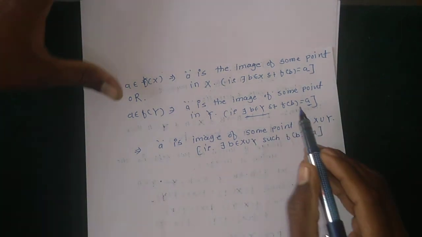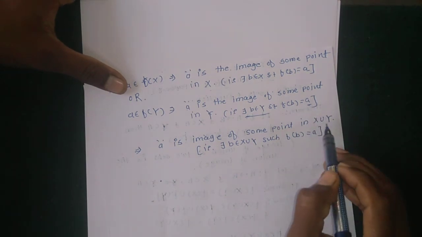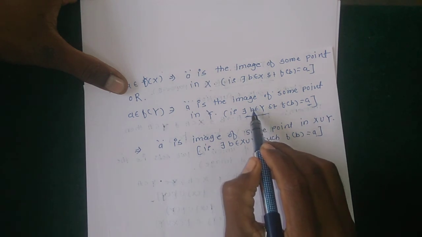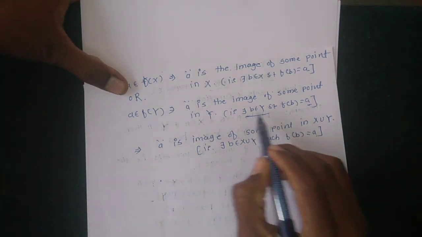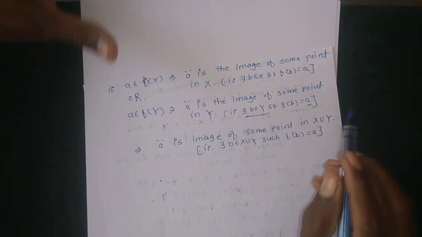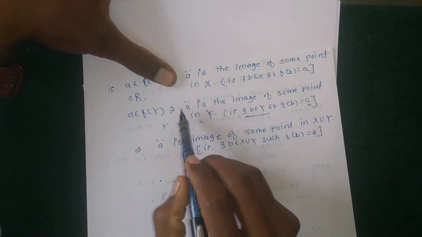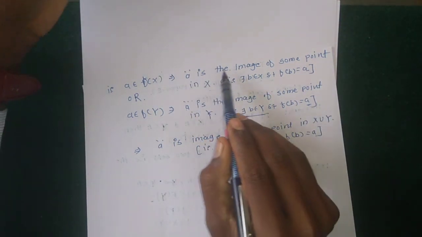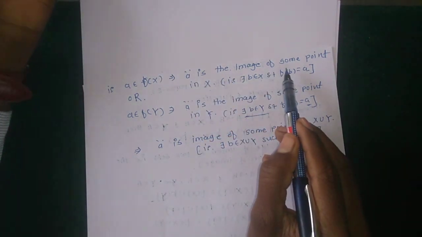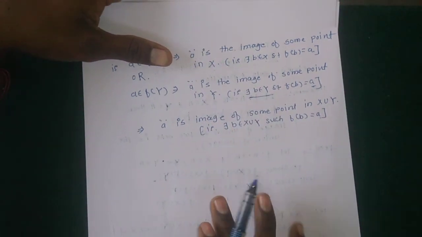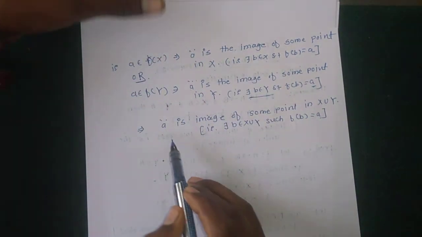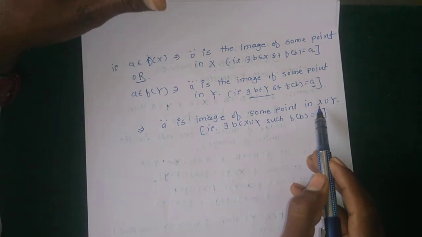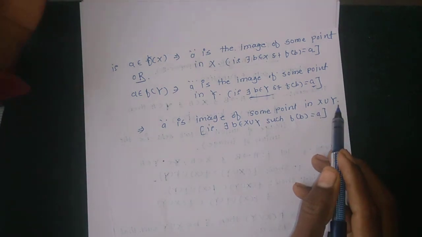Suppose any element, okay, b or c or any element: only a has at least one element in y, similarly only a has at least one element in x such that their image is a. Your condition is or, which implies that a is the image of some point in x union y.